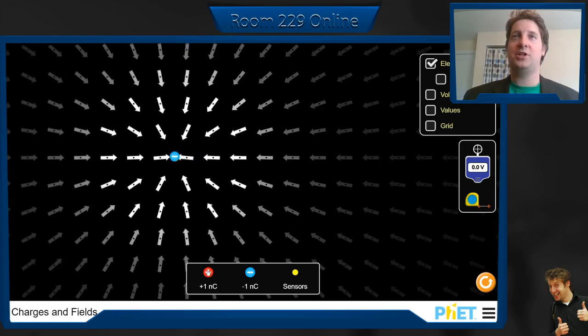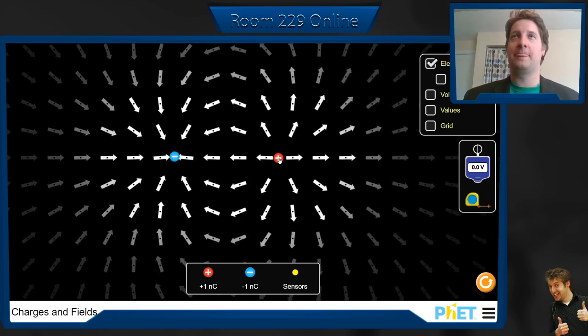Or I can add a bunch of charges. Let's put 2. Now you can see that the electric field is leaving the positive charge. It's going outwards, and it's going in to the negative. Electric fields always are going out or in from charged objects.